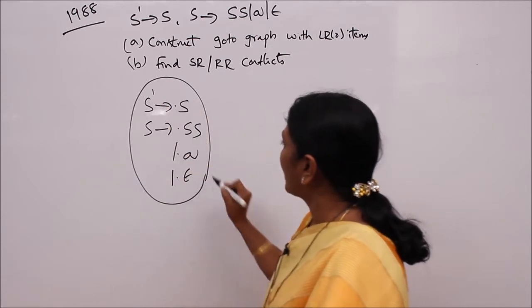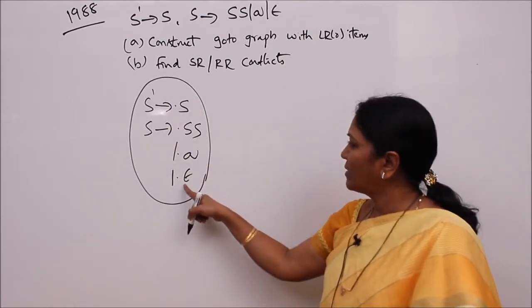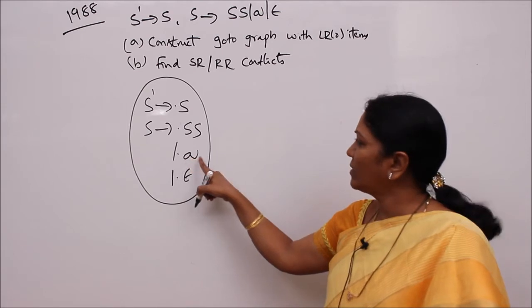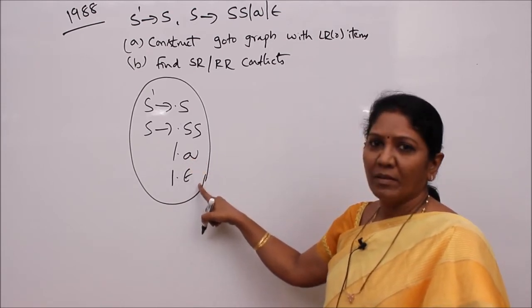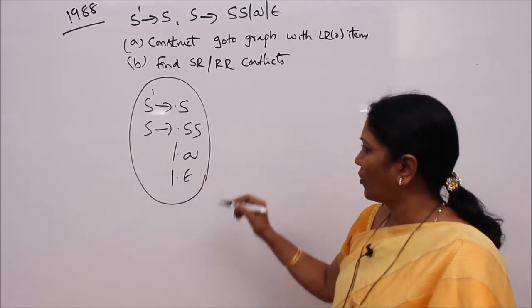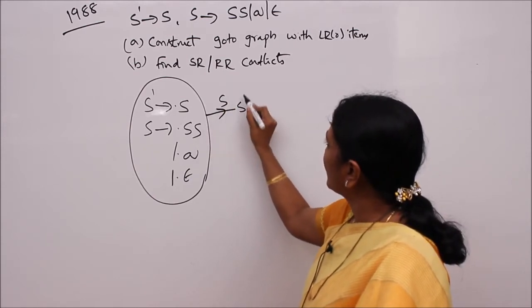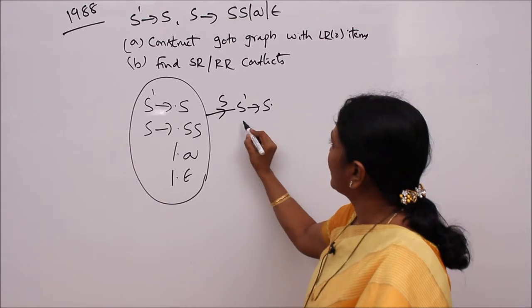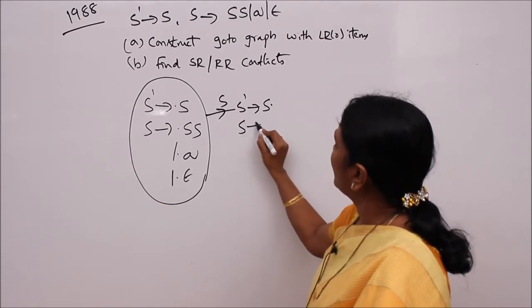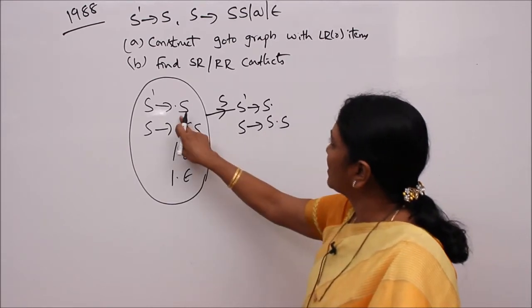Do you have any SR or RR conflict here? Look at this final item together with the non-final. So there is an SR conflict. Now look at on S. What you get is this, and S → S.S. Here is a match, here is a match.